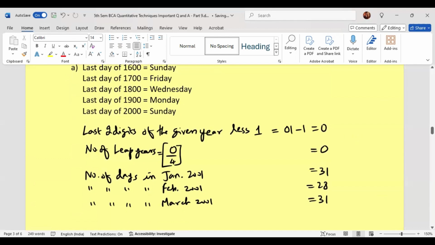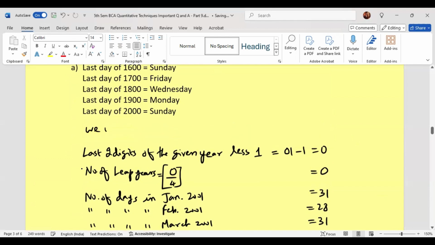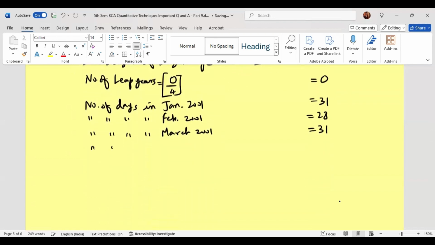We will find now the day of 1st April 2001. So that means in April, we have only one day. That will be 1. Now, if we add this, 0 plus 31 plus 28 plus 31 plus 1, that is 91.